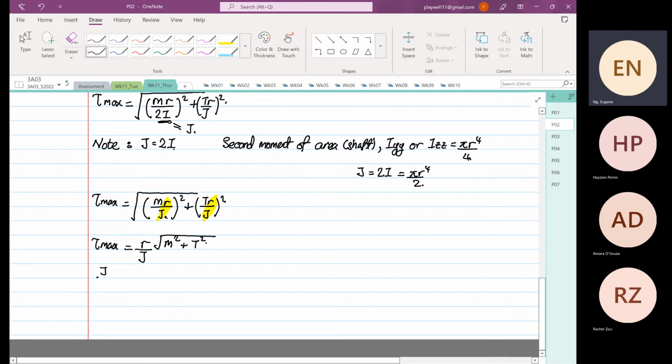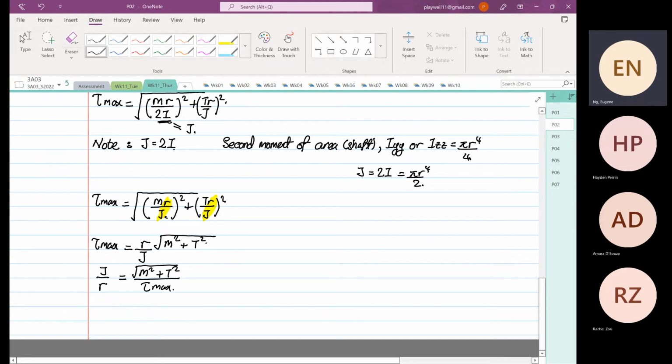So J over R is equal to, not stress, yeah, J over R is equal to square root of M squared plus T squared over tau max. And knowing the formula for J, right?